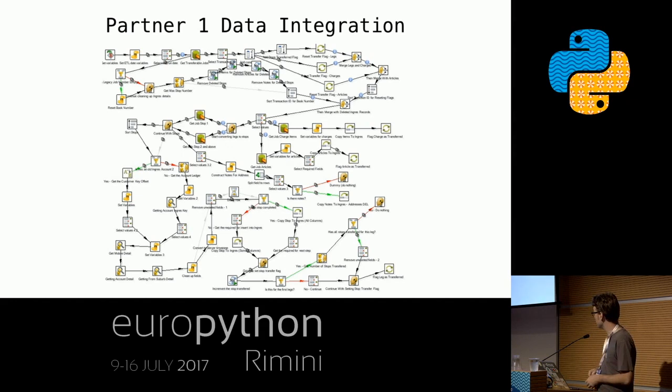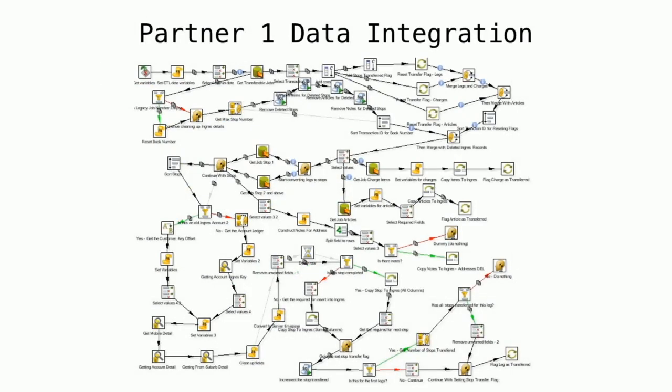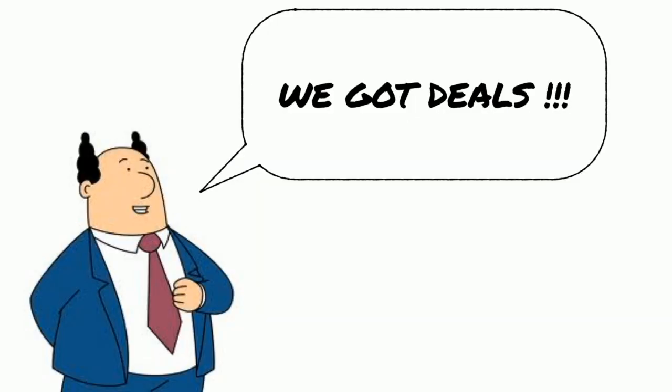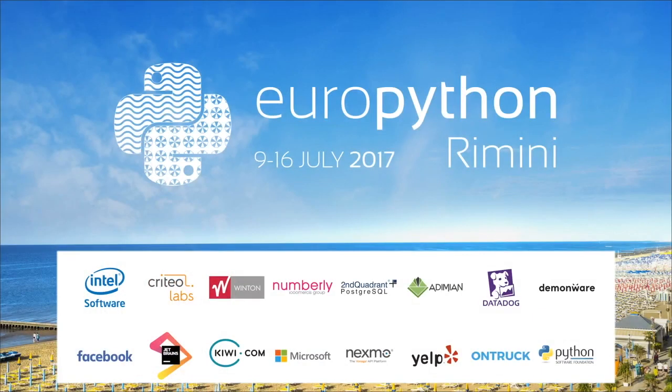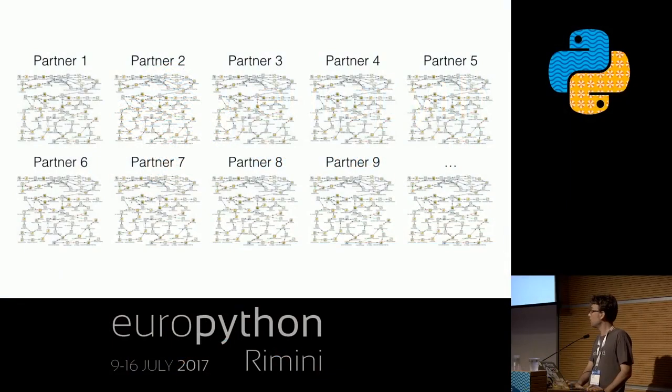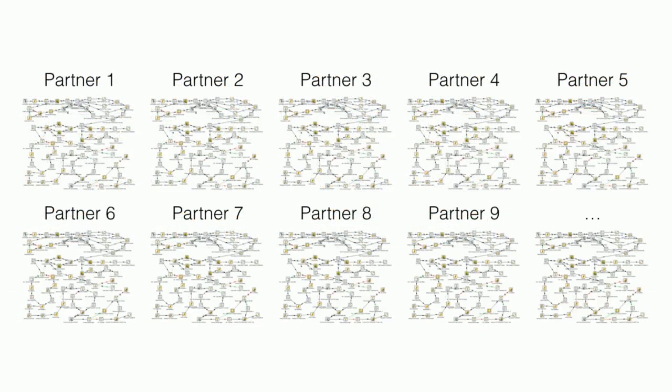So the first partner went very well. We just coded it in Kettle, Pentaho. And after a while it was working, so we were really happy. But then we got a few deals, and the best idea to integrate the other partners is to copy-paste the code to the second and third partner, because it's about the same, but just a bit different.